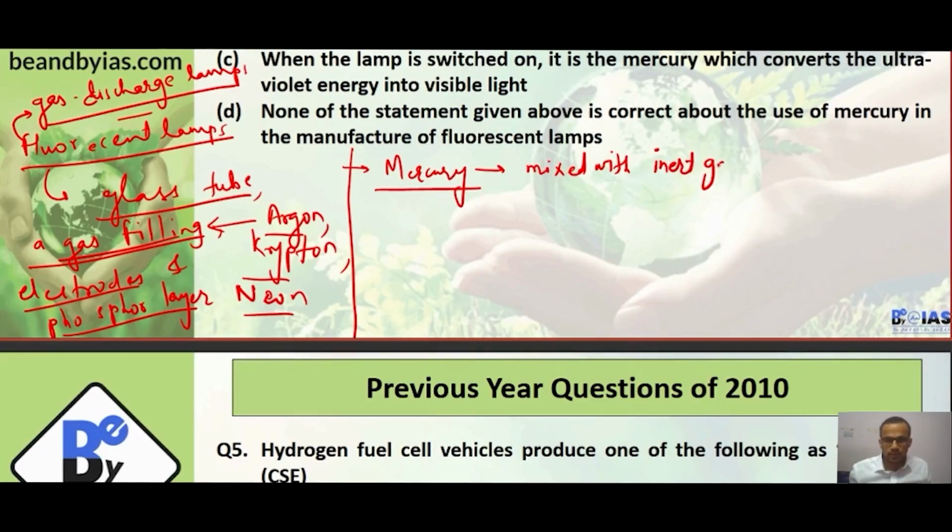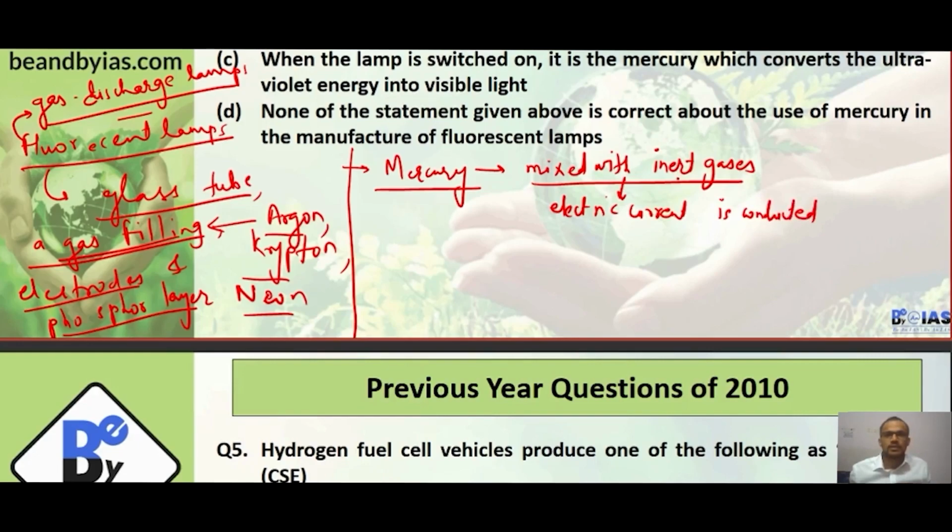So the gas filling is of inert gases, and in those inert gases, mercury is also used to make sure that electric current is conducted.